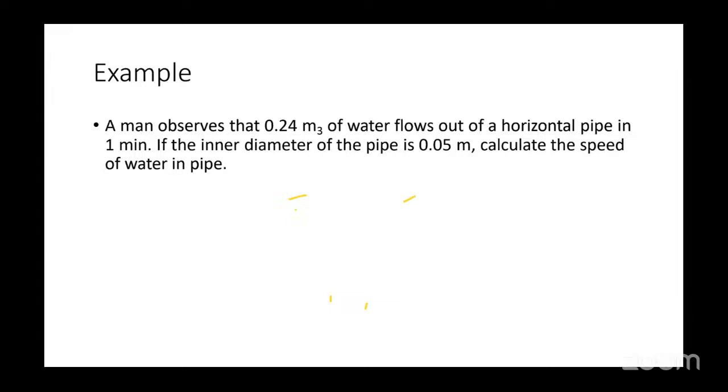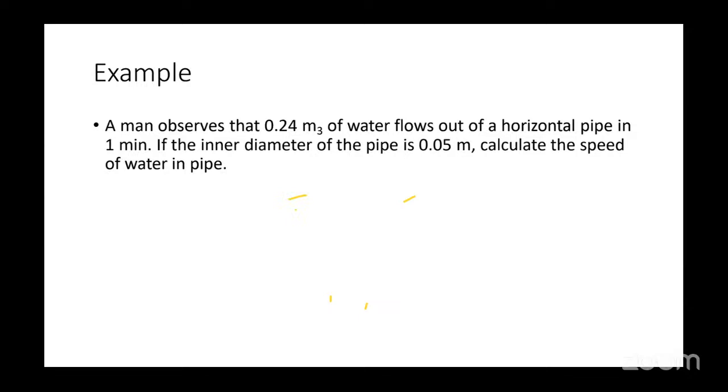So let's look at an example. A man observes that 0.24 meter cube of water flows out of a horizontal pipe in 1 minute.